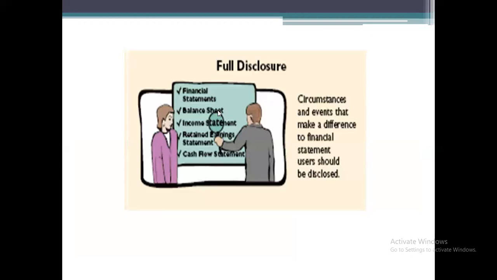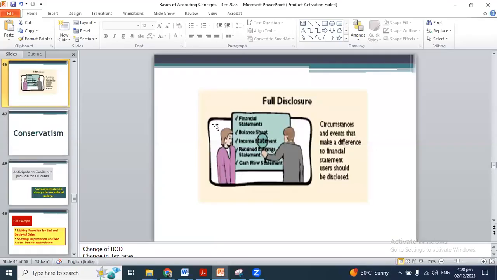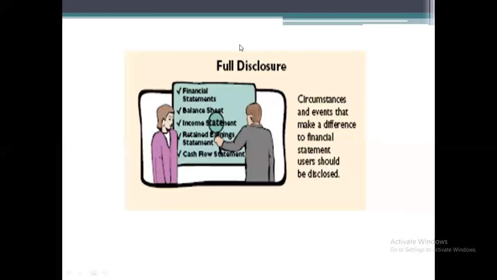Whenever we are closing the books, you need to make sure of this. For example, what could be the examples? Any examples you guys are aware of which should be a part of full disclosure? So let me check in the chat box.